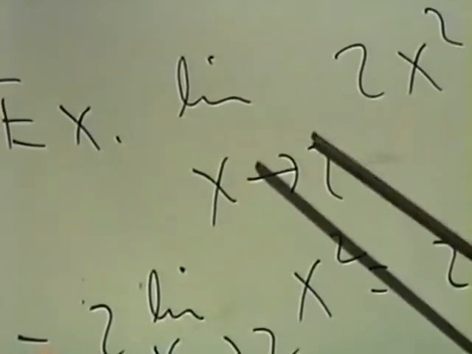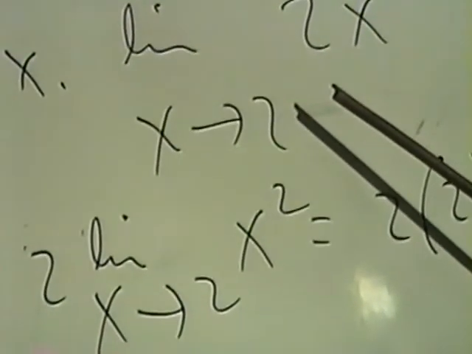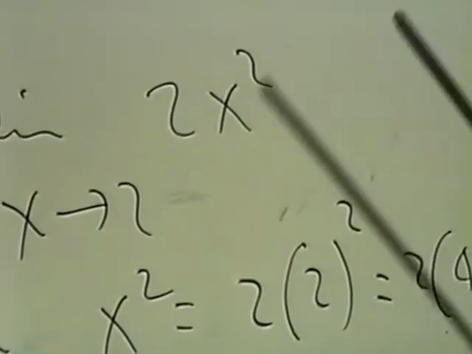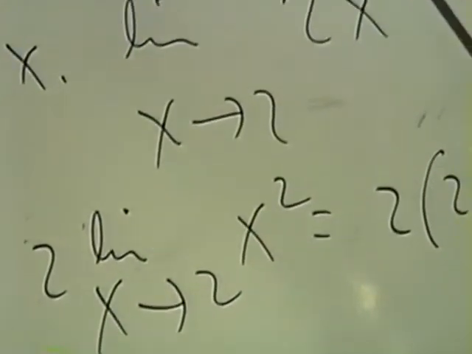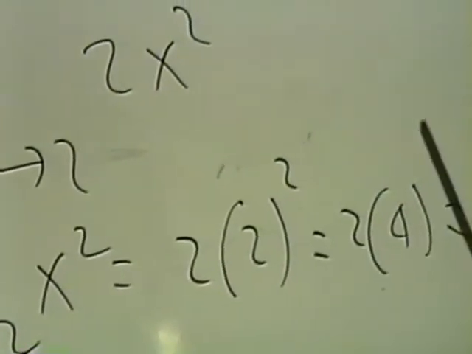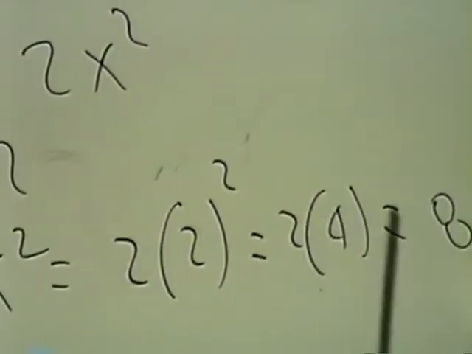The limit as x approaches 2 of 2 times x to the second power will be 2 times the limit as x approaches 2 of x to the second power, which is equal to 2 times 2 raised to the second power, which is equal to 2 times 4, and the total will be 8.